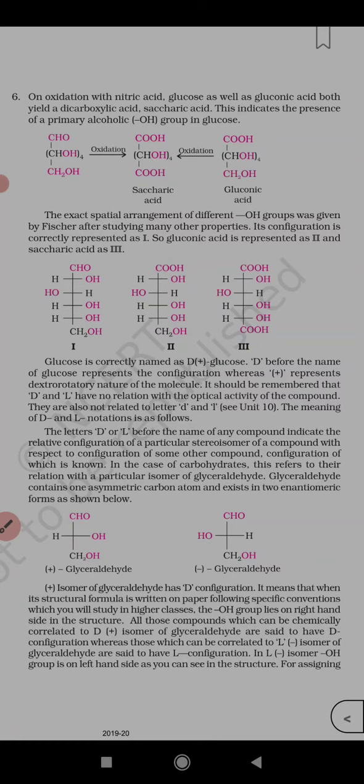The open chain structure of glucose explained most of its properties, but the following reactions could not be explained by this structure.